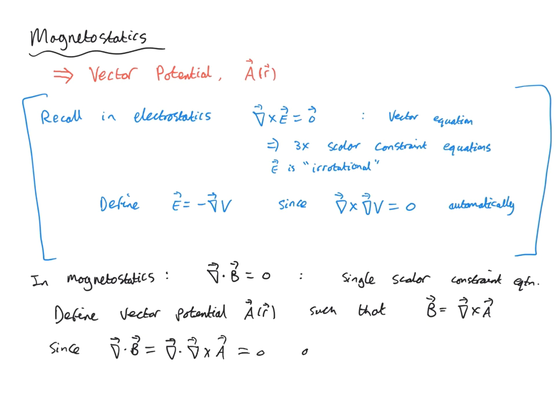And this is equal to 0 automatically, again by the power of mathematics, because the divergence of the curl is equal to 0 for any vector field. And so again, we're able to incorporate the constraint equation into our definition and have it be satisfied automatically.